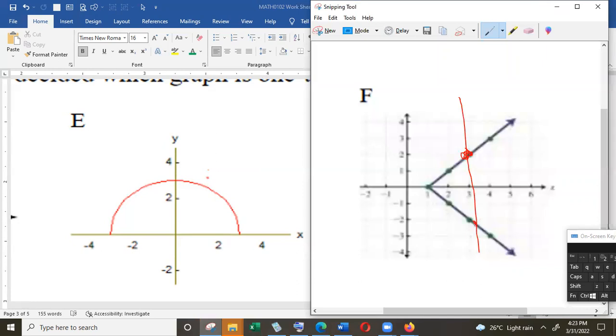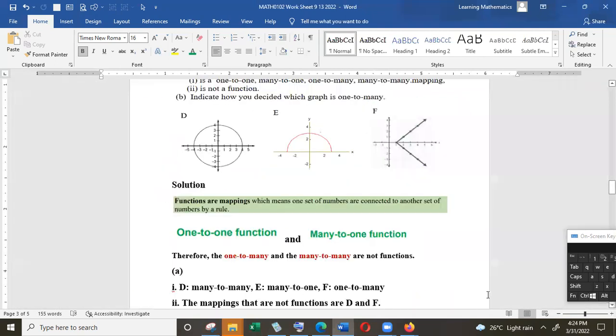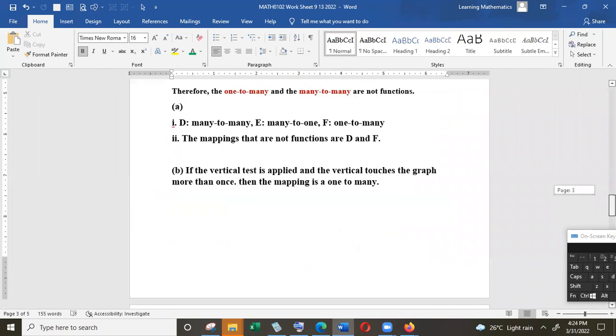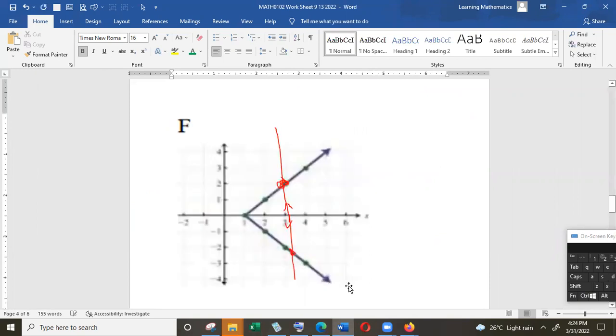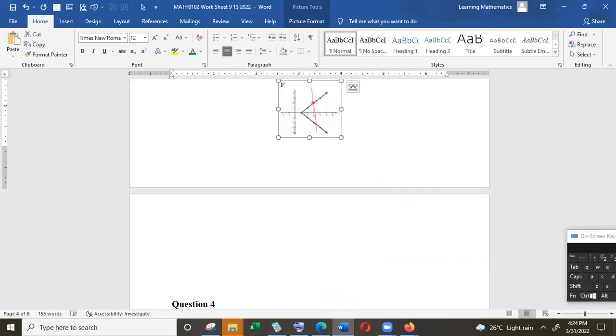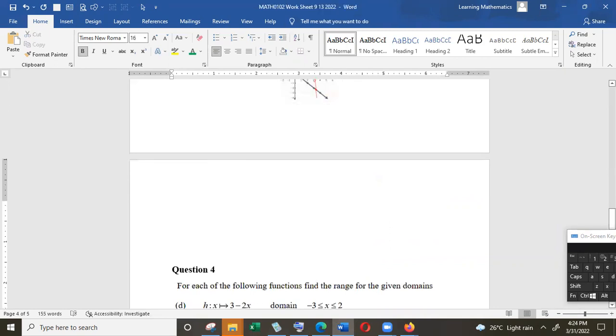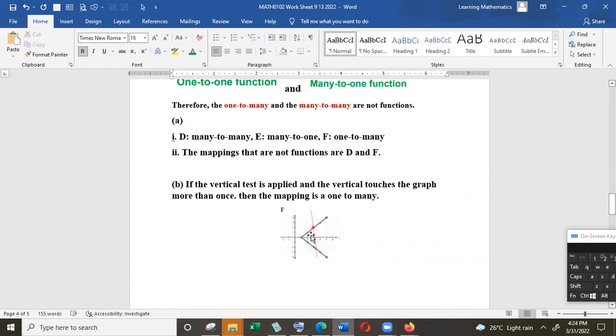So that's a one going to many. All right, and you can place that as your solution. Right, so the vertical test will indicate a one going to many.